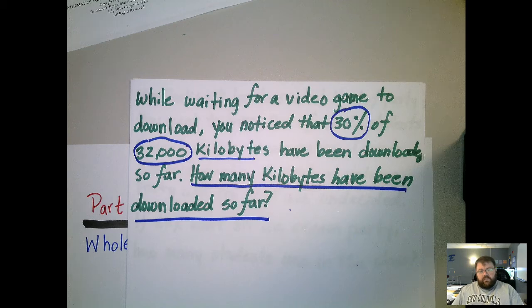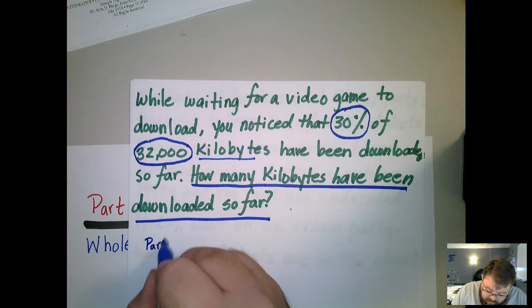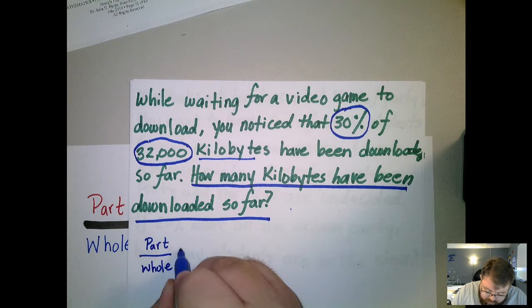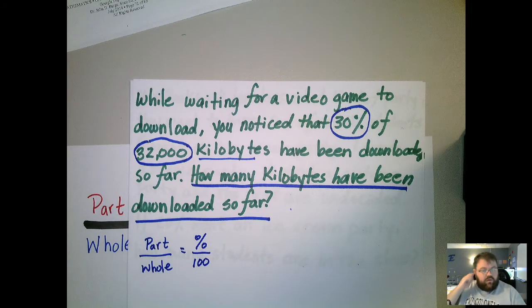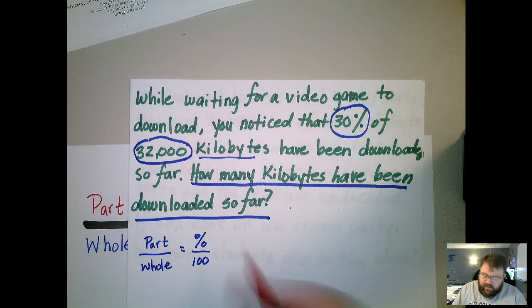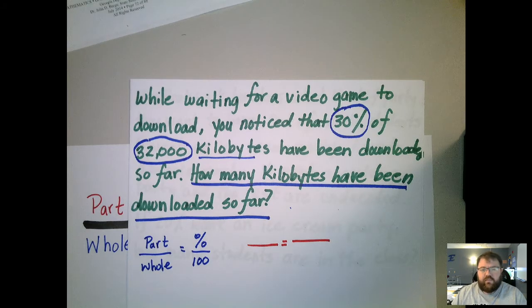Okay, now we're going to go back to part over whole equals percent over 100. Remember, I told you that I like to start these by saying 1 equals 1.